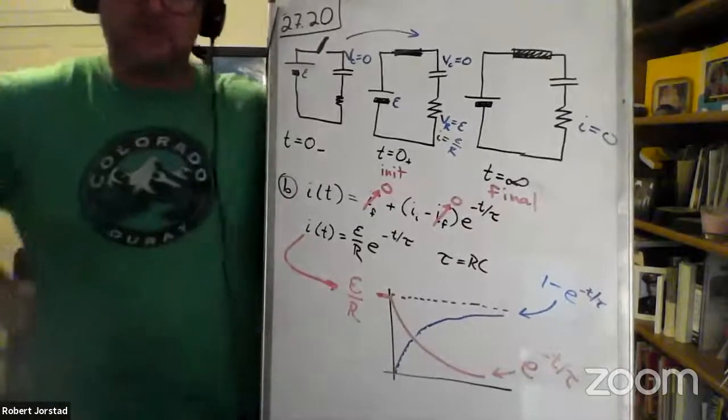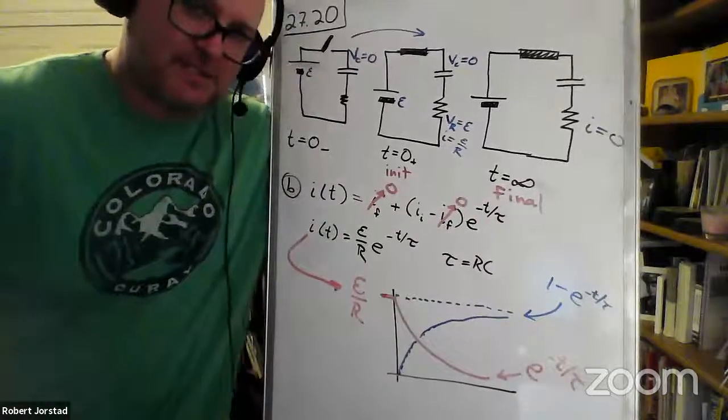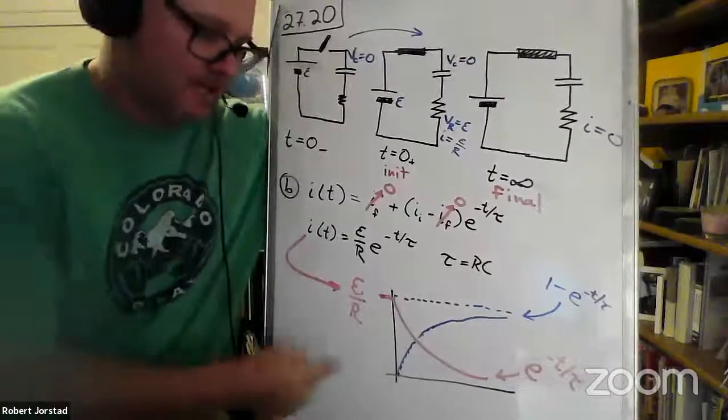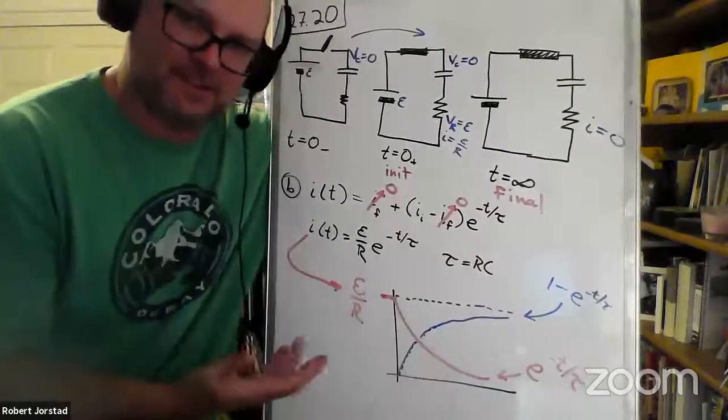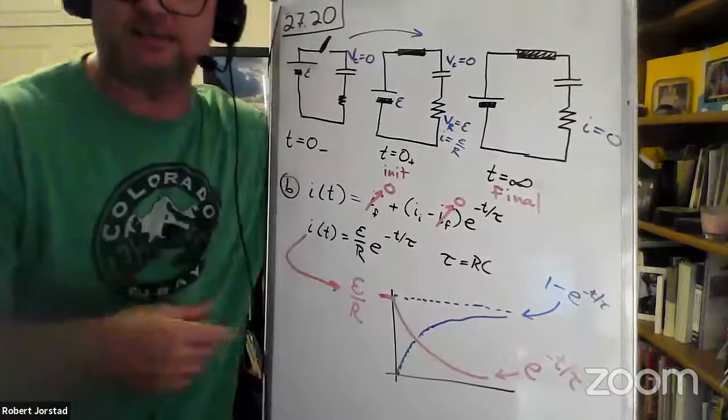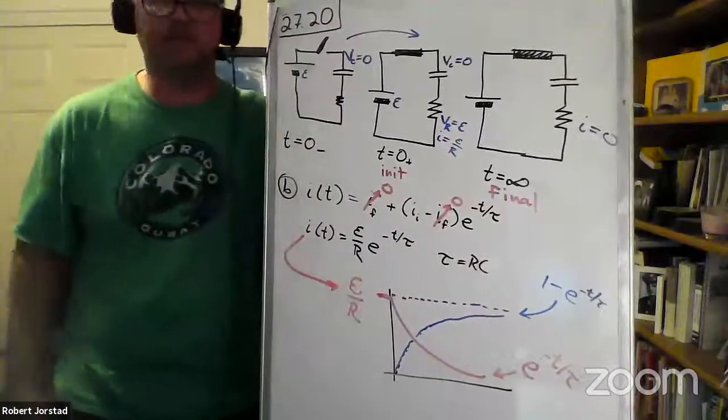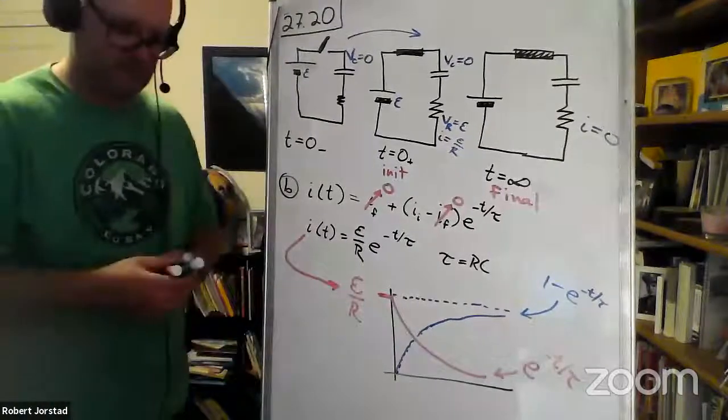Now, I can't remember if I mentioned this last time or not, but does anybody know effectively how many time constants it takes to drop to 0 or within 1% of 0? I think it's 5. It is 5, yeah.